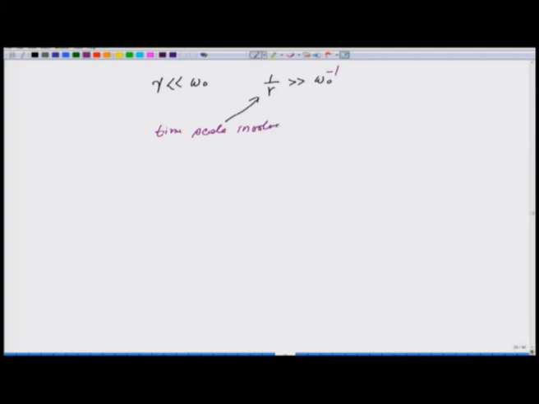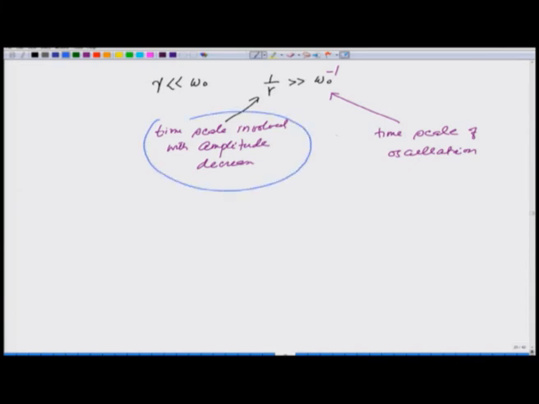This 1 over gamma is the time scale involved with amplitude decrease, and omega 0 inverse is the time scale of oscillation. So, what it means is that the time scale involved with amplitude decrease is much larger than the time scale involved with oscillations.